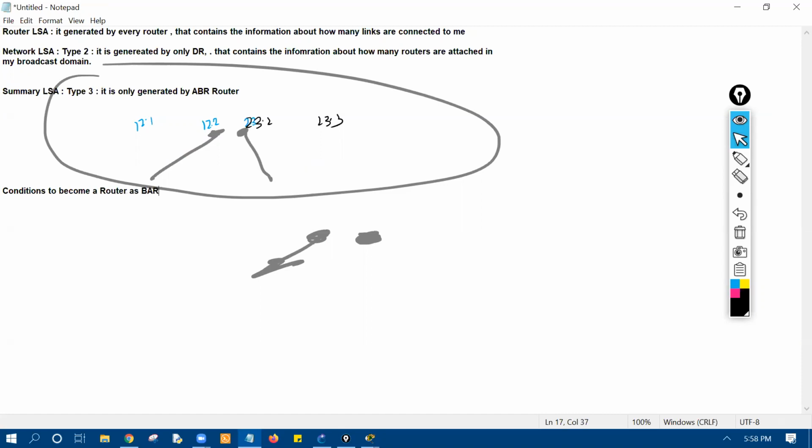ABR, a router must belong to the backbone area, at least one interface.